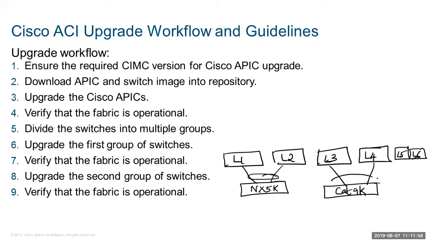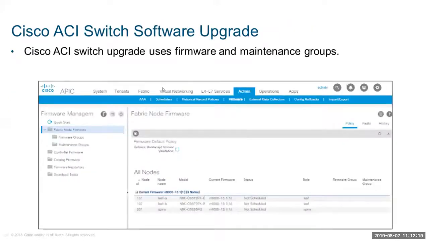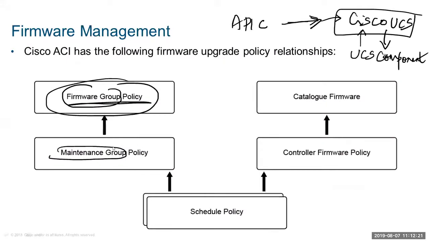So I'm going to probably put these into one maintenance group, and maybe L2, L4, L6 in a different maintenance group. You see why? Because I always have redundant connections. I group them based on how they are connected into what we call the maintenance group.